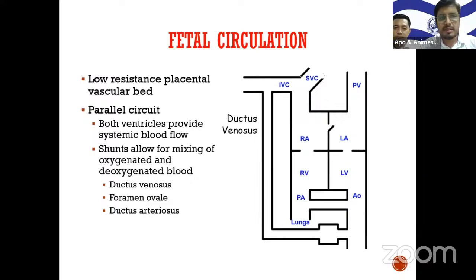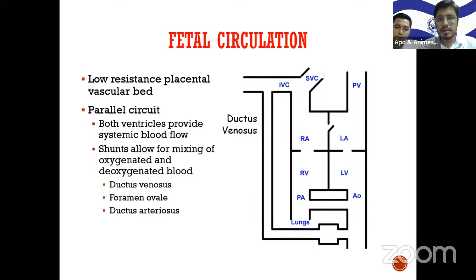Next, it is a parallel circuit, as both ventricles provide blood to the systemic circulation, and this parallel circuitry is also made possible as there are shunts which allow mixing of oxygenated and deoxygenated blood.